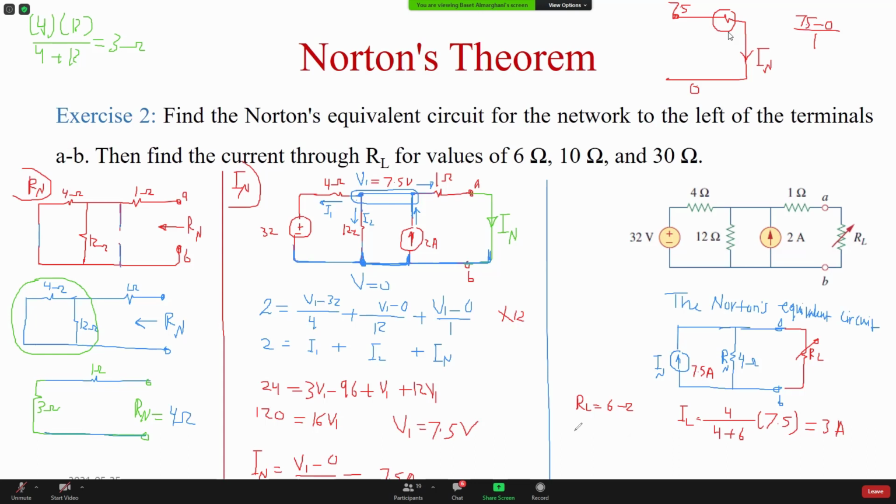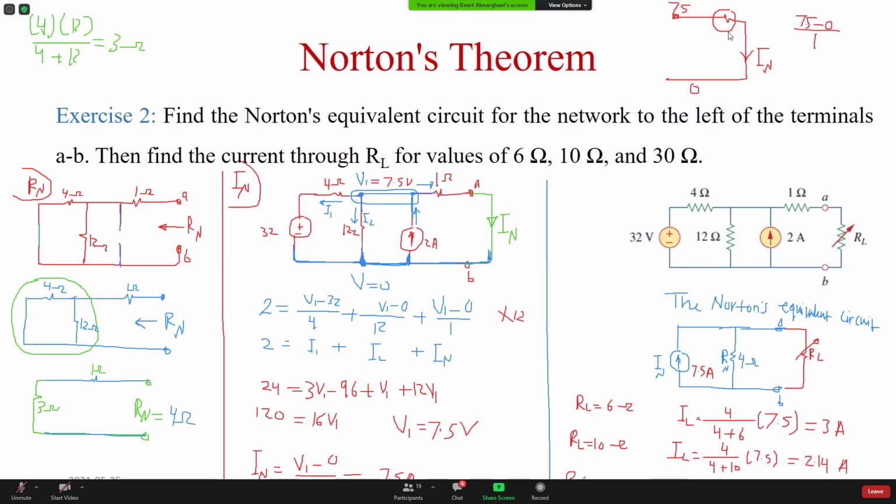If the resistance RL equals 10, IL will be 4 divided by (4 plus 10) multiplied by 7.5. I'm using the current divider here, which is going to be 30 divided by 14, 2.14 ampere.